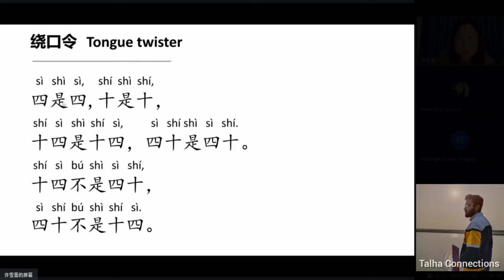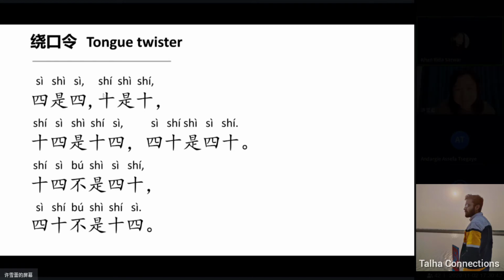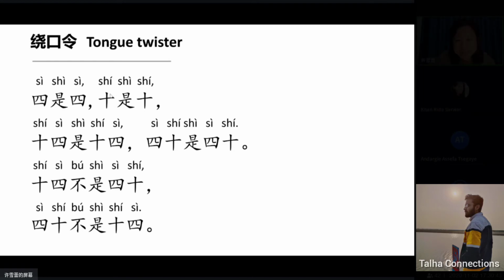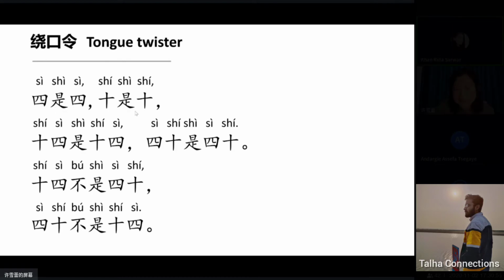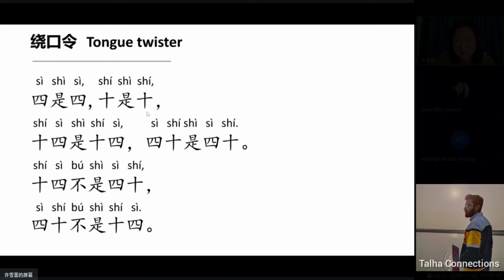We learned 我是老师, 我是中国人, right? 是. Good, this one is 4. And what about this one? 10. 10是什么? Yeah, 10. Very good. So let's read the sentence. 4是4. So 4 is 4. 10是10. 10 is 10.